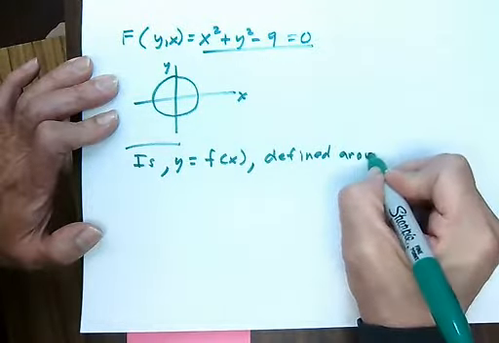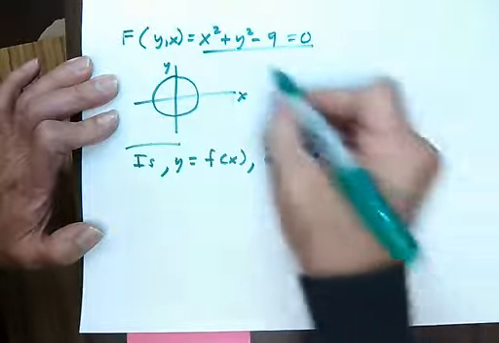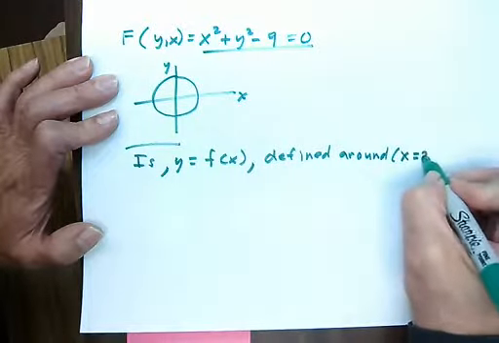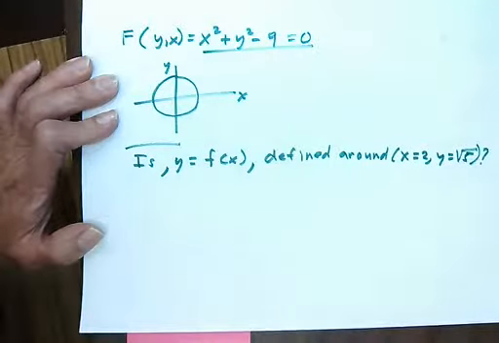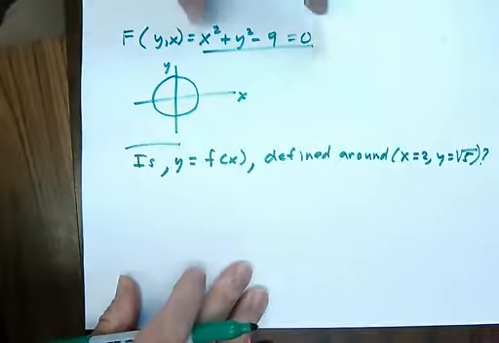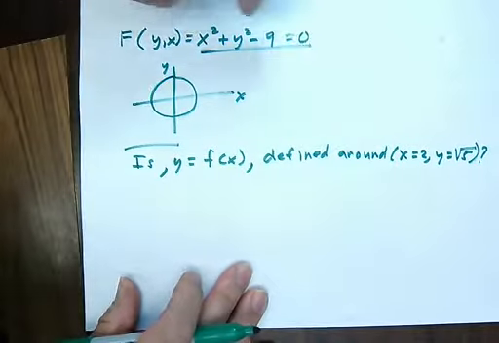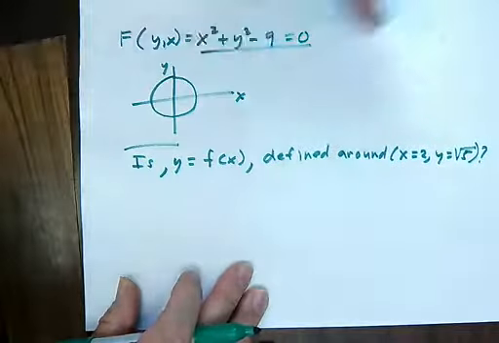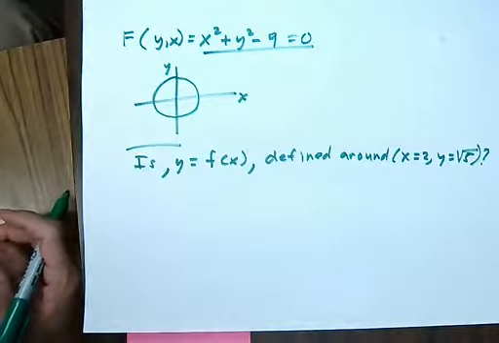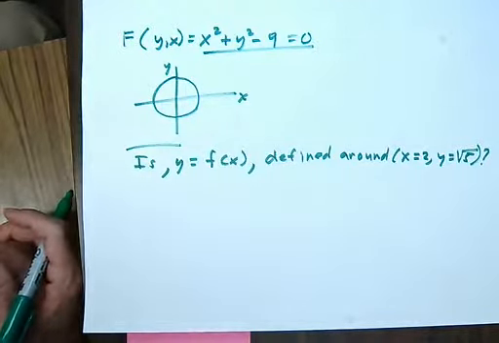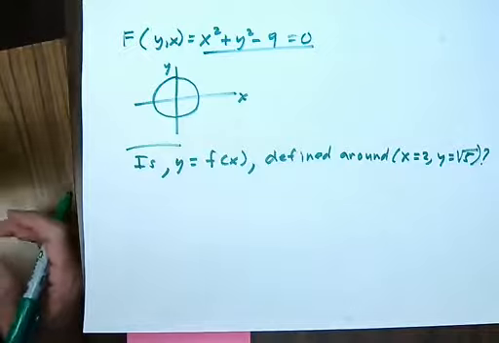Let's say around the point x equals 2, y equals the square root of 5. So again, we're saying, can you take this capital F equation, put y on the left side of the equality and move all of the terms involving x to the right side, and express y explicitly as a function of x doing that?